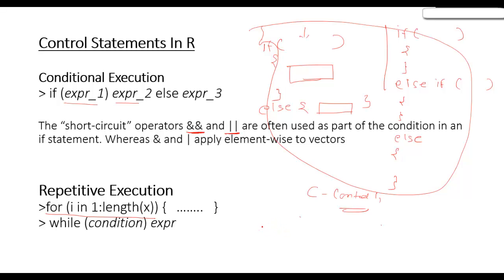In a for statement inside the brackets, the i that we were declaring when using the C-like syntax will be the same i, and instead of initializing it, what we are giving it is a range. So let's say i in, and this is a range vector. A range vector gives you a range from your starting position to your ending position.